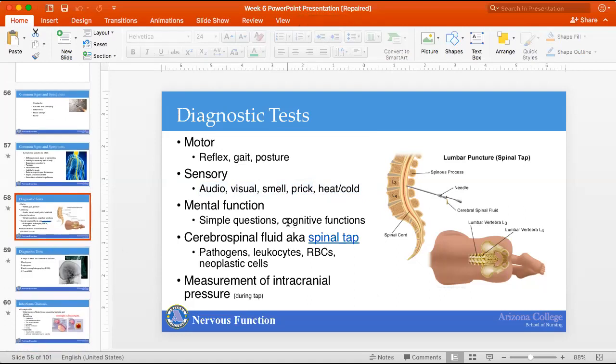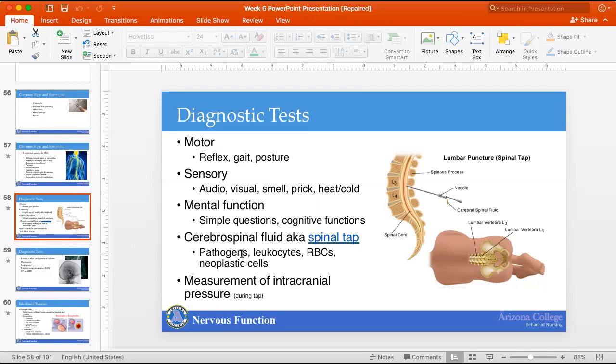You look at mental function, simple questions, other cognitive functions, and different tests and measures that you could use. Cerebrospinal fluid or spinal tap will give you an idea of the actual content of the spinal fluid, what's going on in the brain or spinal cord.